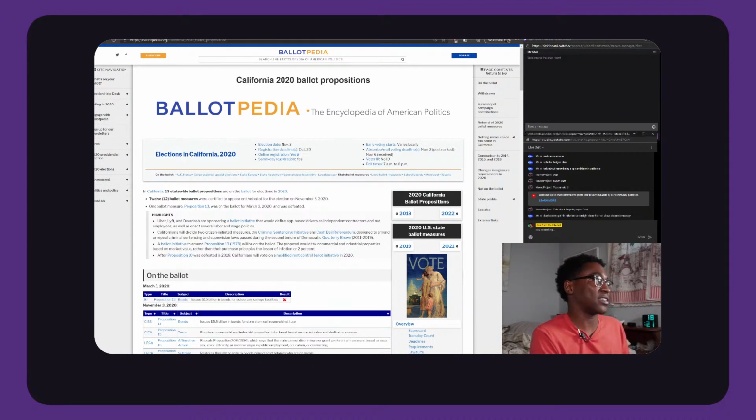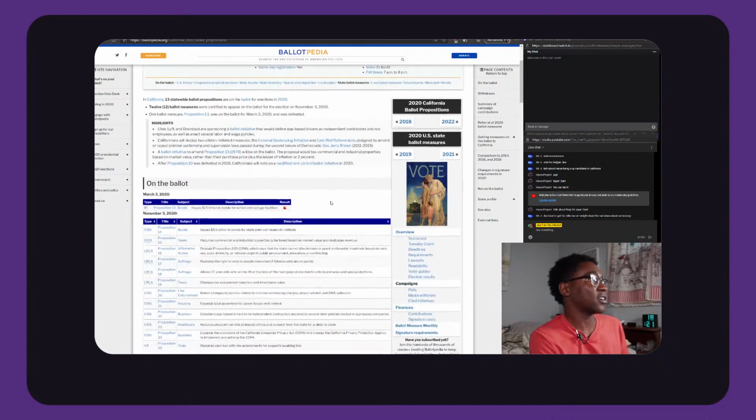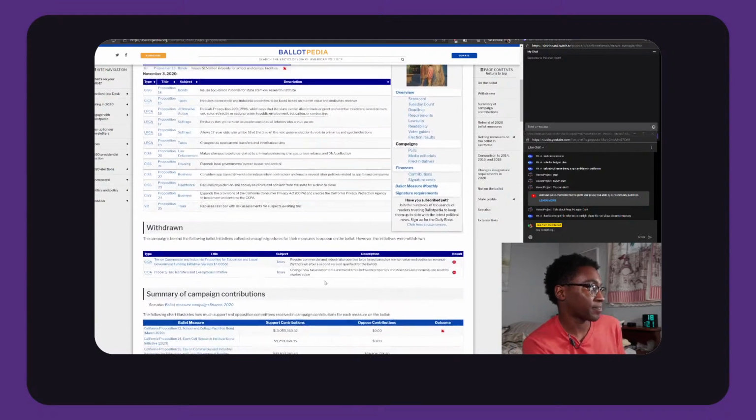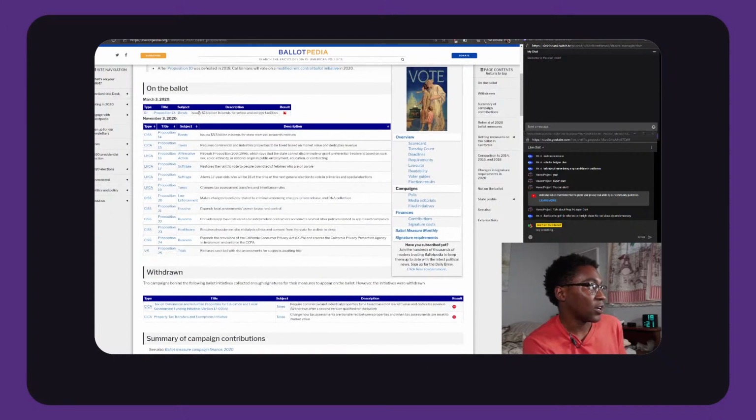So on Ballotpedia itself, if I navigate over here, hang on, sometimes my mouse disappears. There, it's back. So here it shows the 2020 California ballot propositions. And in California, we had Proposition 13, which we had in our primary elections up in March when we did not successfully nominate Bernie Sanders.